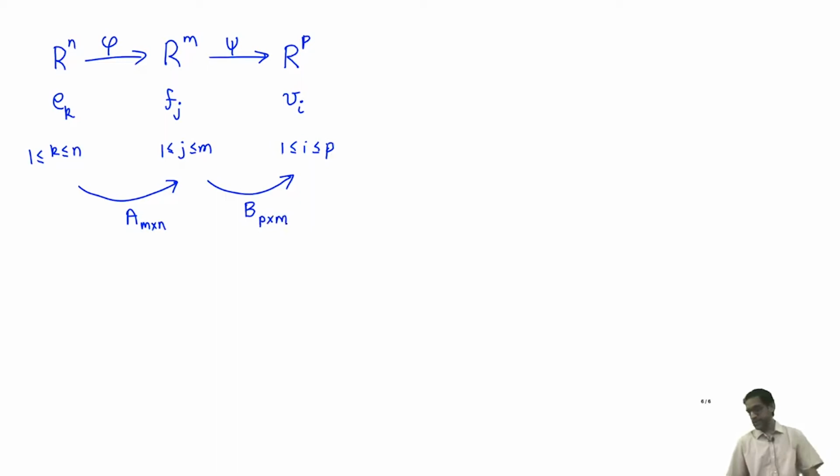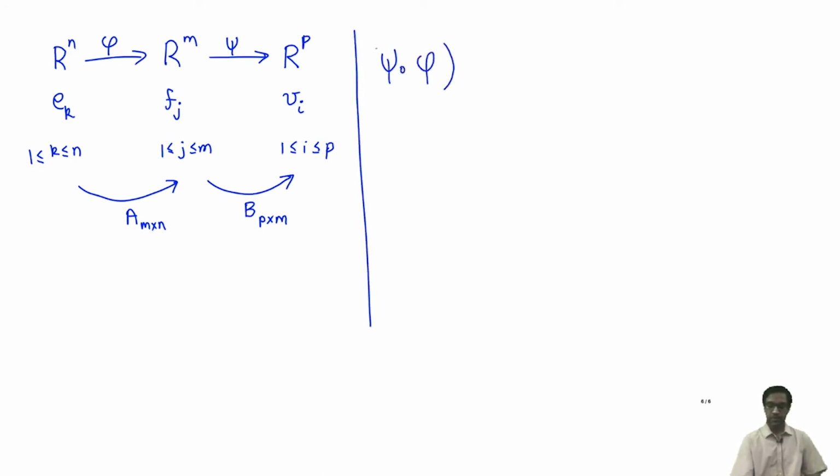So I have two matrices, and now if I compute what the matrix of their composition is, this is again something we are used to doing in the case of vector spaces. If you compute psi composed with phi, I need to figure out what the matrix of the composition looks like, which means I should just figure out what this composition does to the basis vectors e_k.